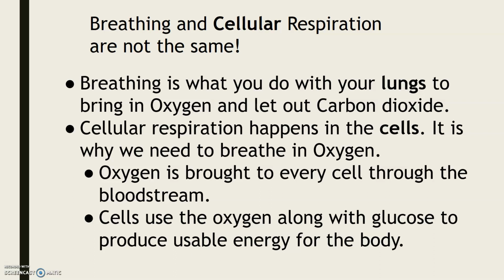The red blood cells are transported by our blood, which is pumped by the heart. Cells are able to use this oxygen along with a simple sugar called glucose, and you might recognize the name glucose from the main sugar that carbs are broken down into from our digestive system lecture, to produce energy for our body.